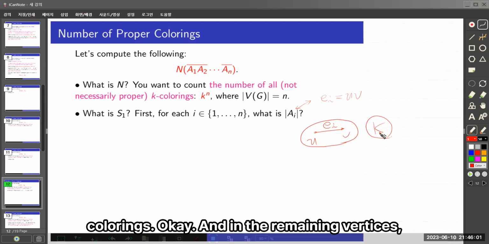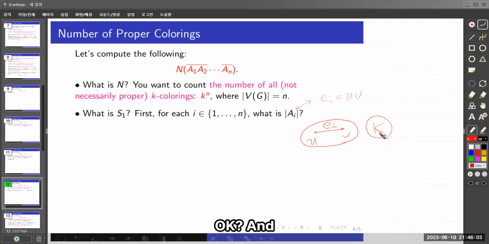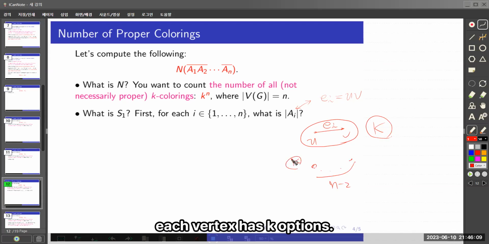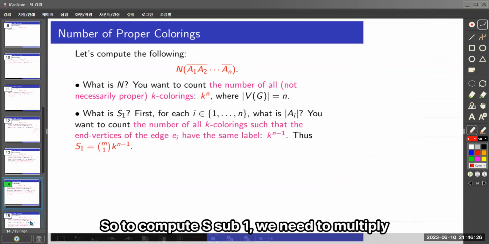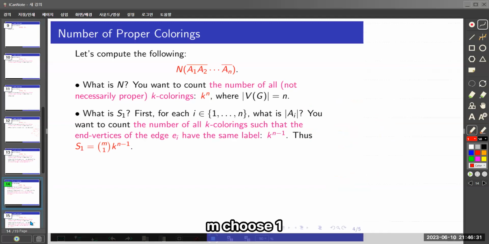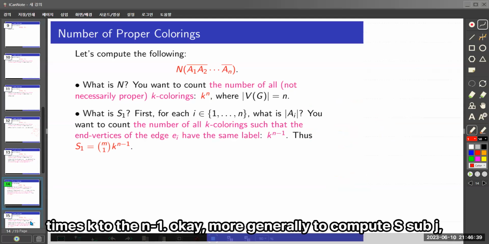In the remaining n minus 2 vertices, each vertex has k options. So in total, this is k to the n minus 1. Because there are m edges, to compute S_1 we need to multiply by m choose 1. So S_1 is equal to m choose 1 times k to the n minus 1.